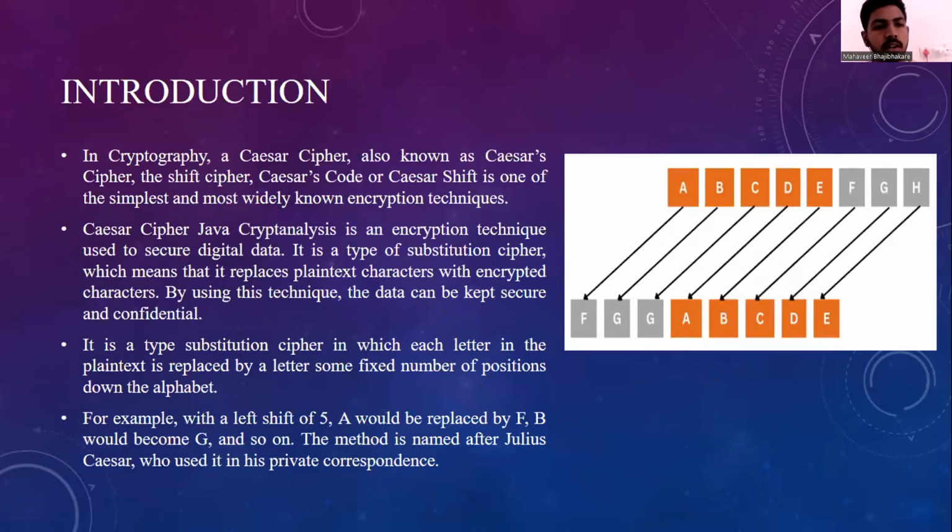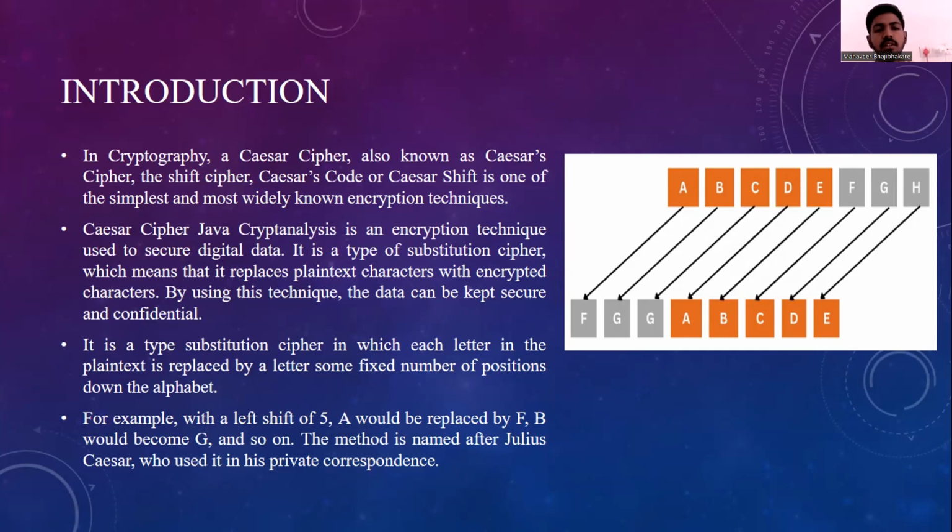First of all, the introduction. What is cryptography? Cryptography is storing or transmitting data in another form to secure it, so that it reaches the respective user who is meant to use it. Caesar cipher is one technique in cryptography, which has various names like shift cipher, Caesar code and Caesar shift.